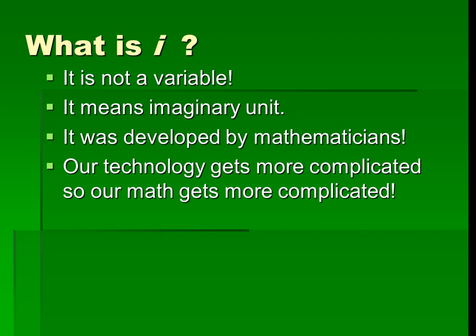We can't finish our design, so we have to figure out ways to get rid of it. So i, by definition, is the square root of -1, and it's going to help engineers design something to get back out of the imaginary world.